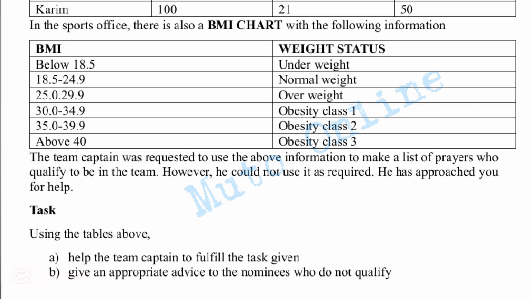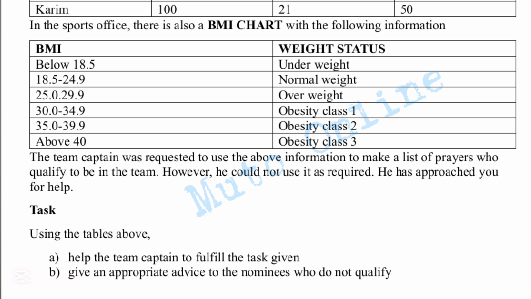A person of 35.5 to 39.9 is said to be with obese class 2. And the person above 40 is said to be at the extreme ends of obesity. That is obese class 3. That is the chart displayed.